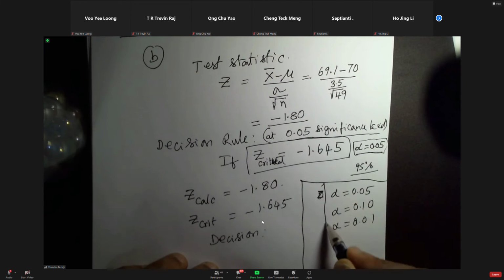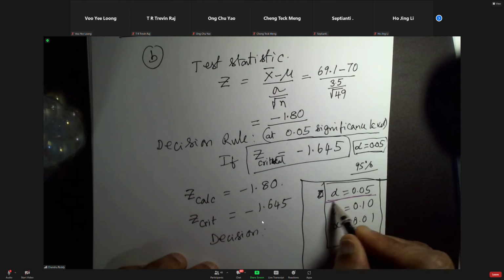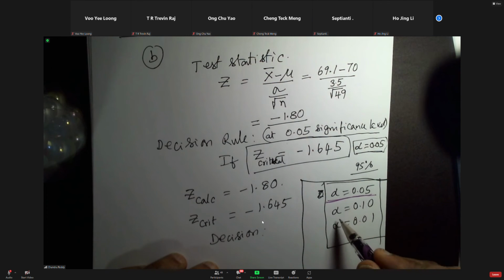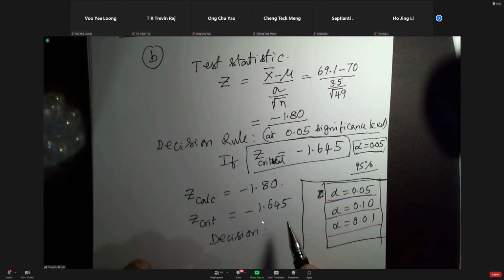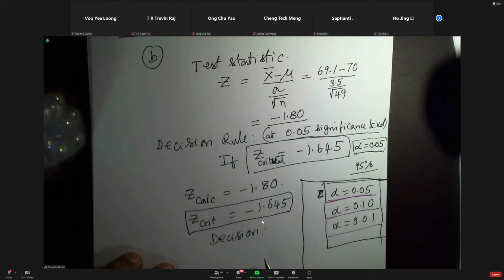So these are the only three things you will be asked. Out of these three significance levels, most of the time you will be asked this one, for which it is negative 1.645. Similarly, you can find the values for 0.10 and 0.01. I think in one of the previous slides, I showed you these numbers. So for 95%, the critical value is negative 1.645, from the Z distribution tables.